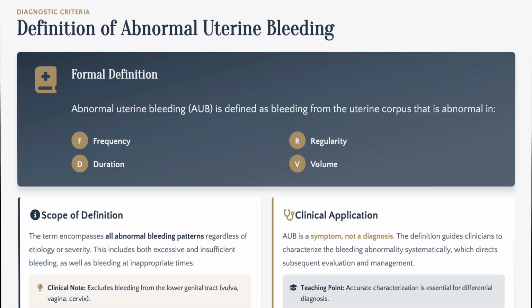AUB, or abnormal uterine bleeding, is a symptom, not a diagnosis. When a patient presents with abnormal bleeding, that is just the beginning of our evaluation. We must then determine the underlying cause using a systematic approach, which is where the PALM-COEIN classification comes in.